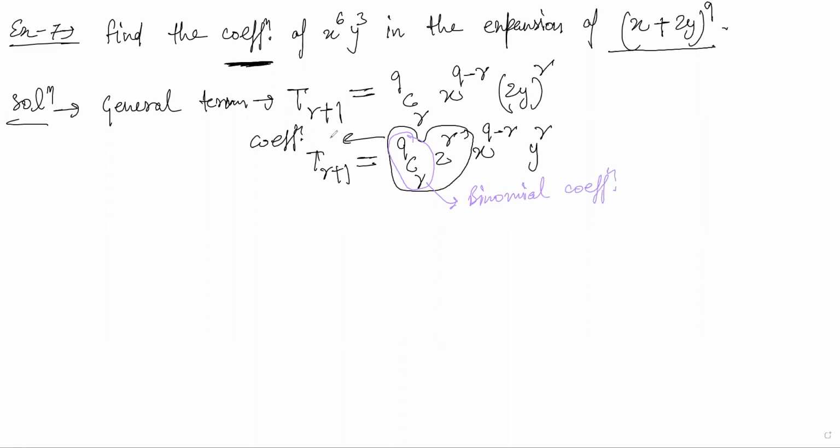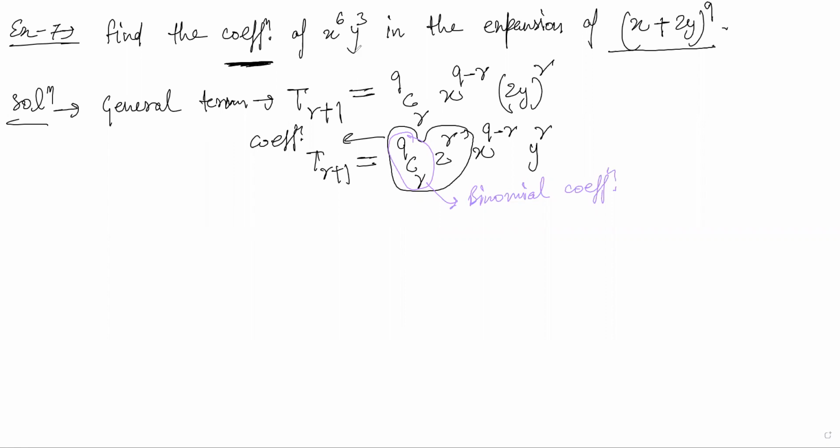In most cases you will be asked about the coefficient, not the binomial coefficient. But for a 1 or 2 mark question, they may sometimes ask for the binomial coefficient. For the binomial coefficient, only consider the nCr part, nothing else. For the coefficient, you have to take all the constant terms. That's the basic difference between coefficient and binomial coefficient.